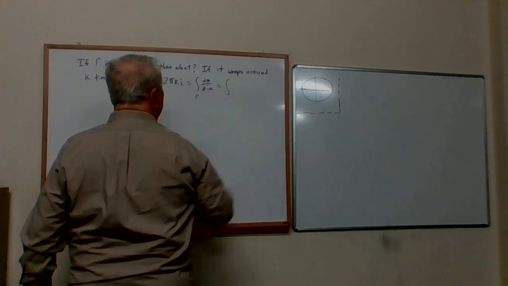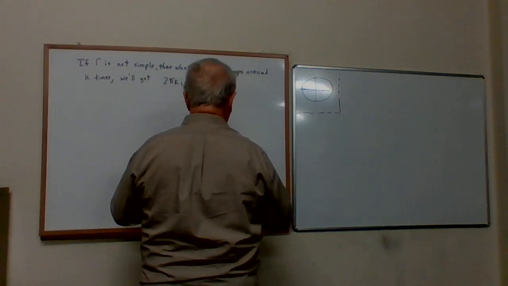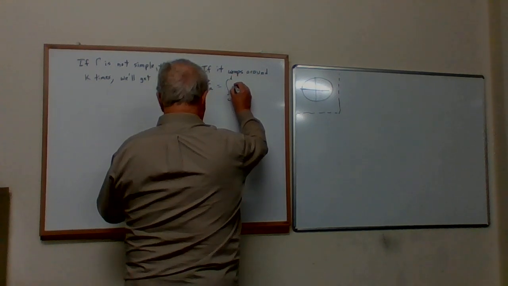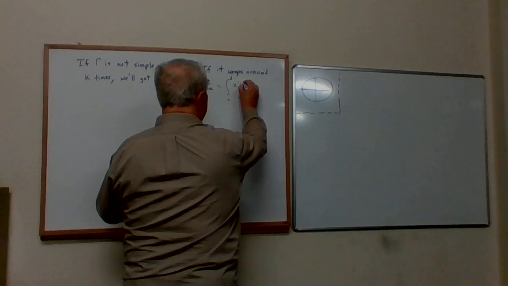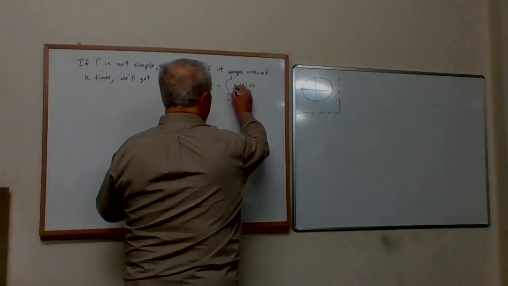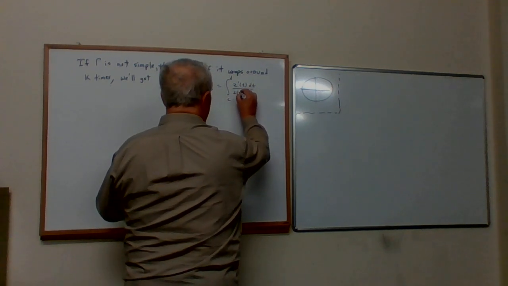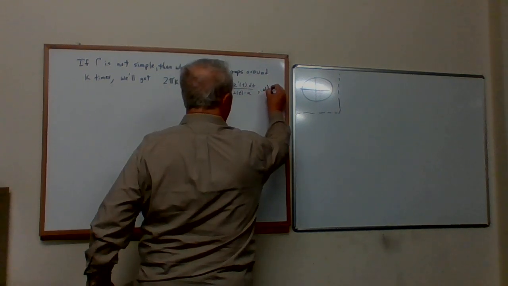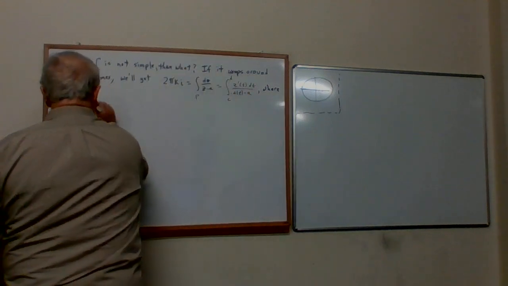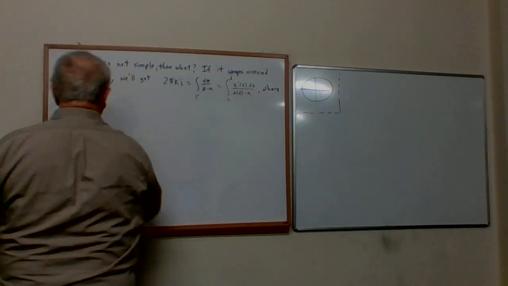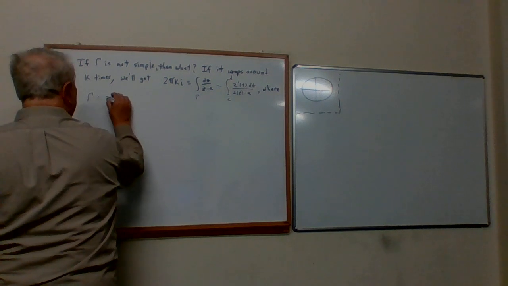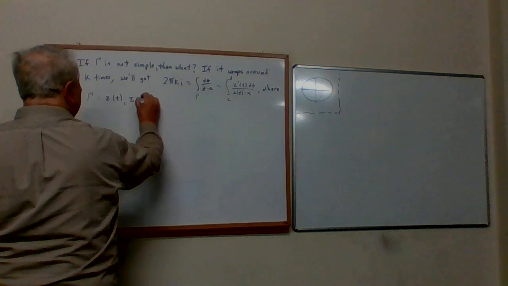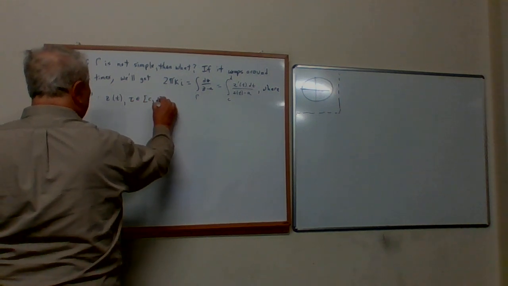which is equal to, as we've done many times already, the integral from, say, c to d of z prime of t dt on top, and z of t minus a on the bottom, where gamma is defined by z of t, where t is in the interval from c to d.